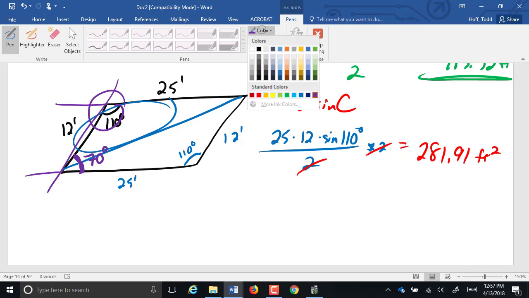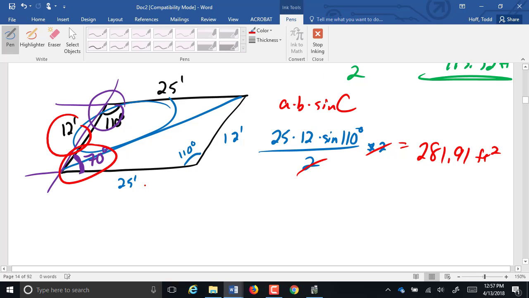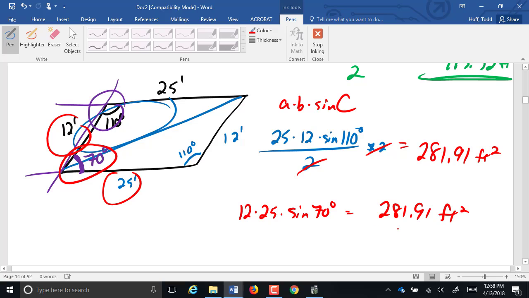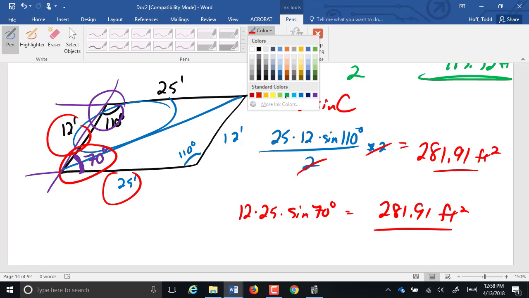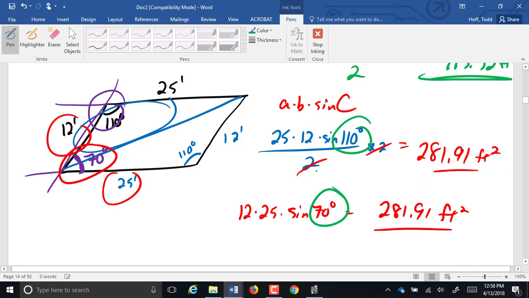So what if I used that angle and the 12 and the 25? Hopefully I get the same answer. Are we going to? Why? Because hopefully the area doesn't change. But why does that work? What's the relationship between those two angles?